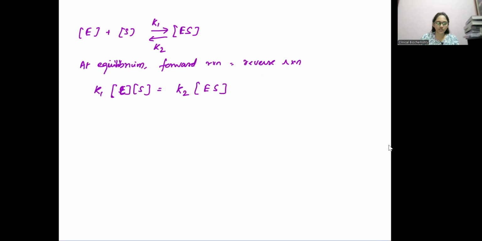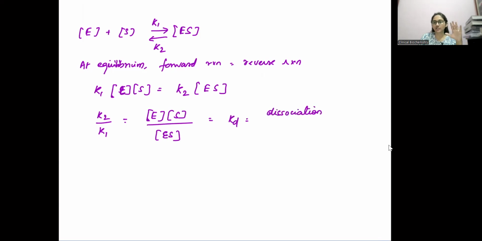Now, if I take the ratio of K2 to K1, what will I get? Enzyme into substrate by enzyme substrate complex. So K2 by K1 is called the dissociation constant or the equilibrium constant.